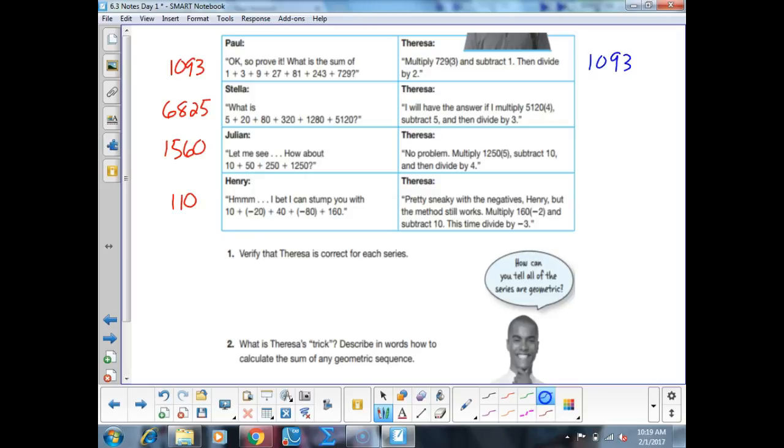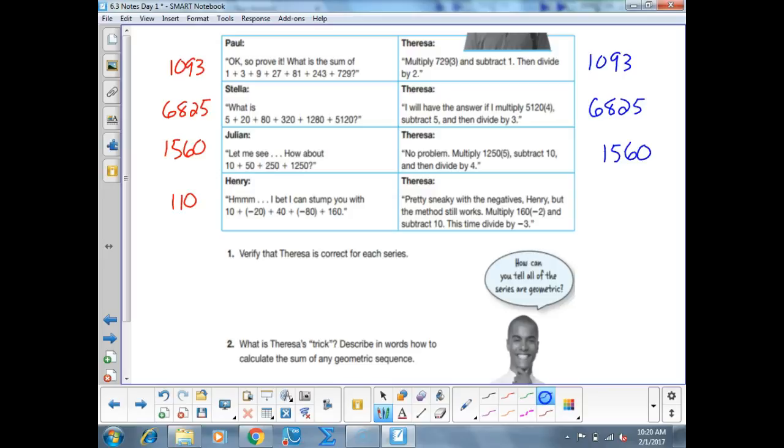I will have the answer if I multiply 5,120 by 4, subtract 5, divide by 3. What do we get? 6,825. Okay. Then Julian said, no problem, multiply 1,250 by 5, subtract 10, then divide by 4. What do we get? 1,560.